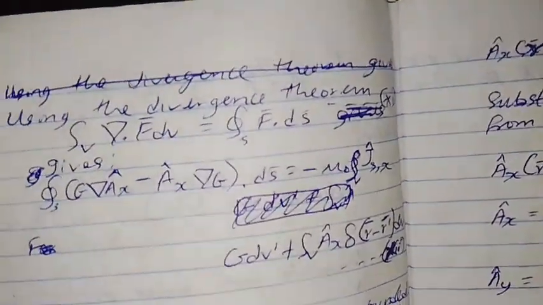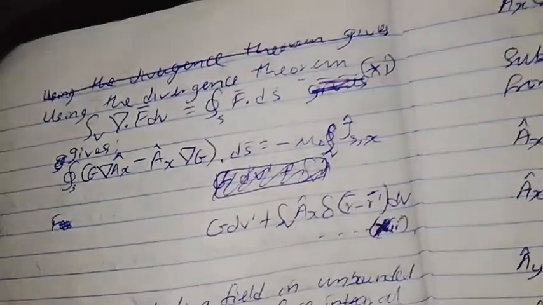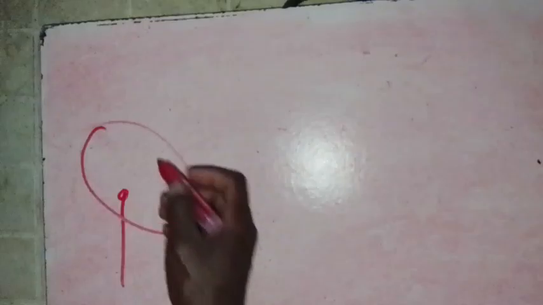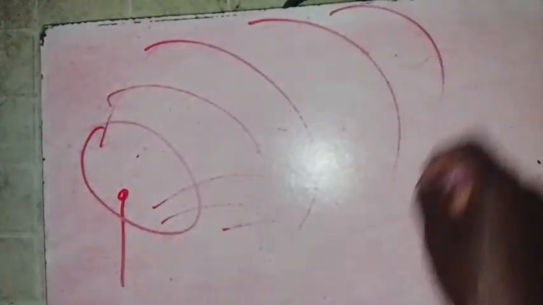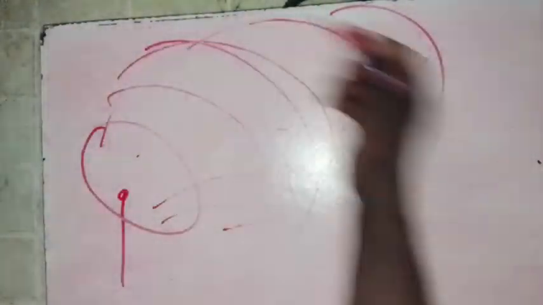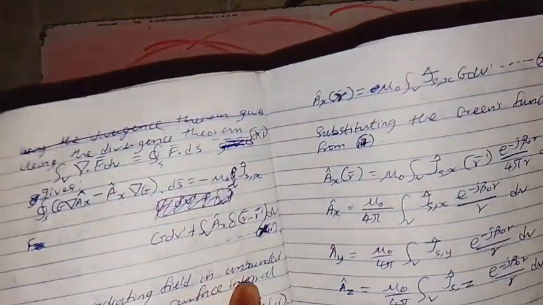Then for the radiating field in unbounded free space, the surface integral vanishes at infinity. What I'm trying to say is that you have an antenna, my funny antenna again, with signals going out. For the radiating field in unbounded free space, there's no stop here.